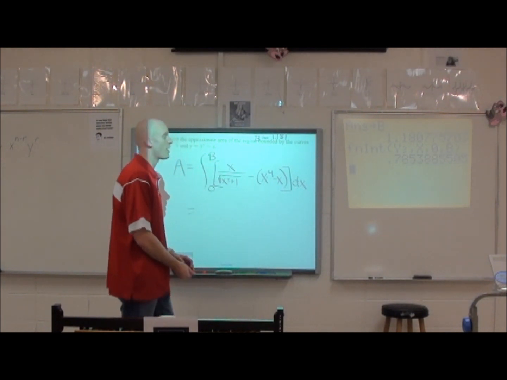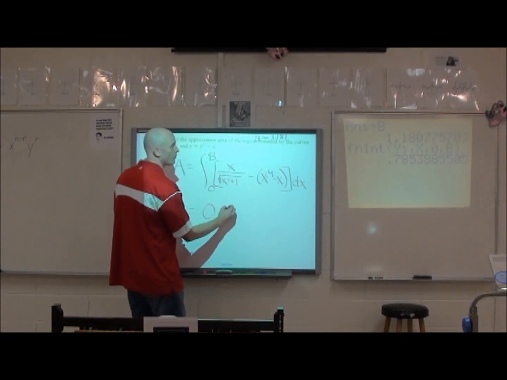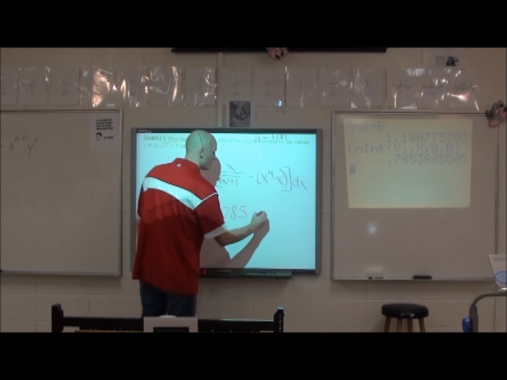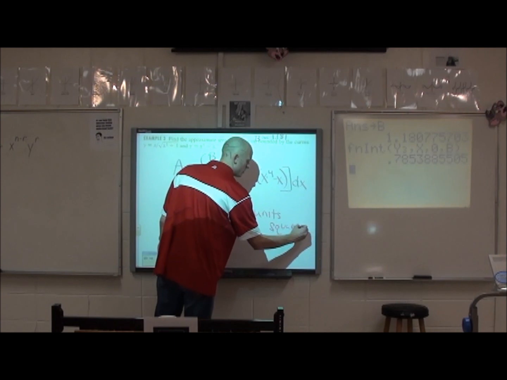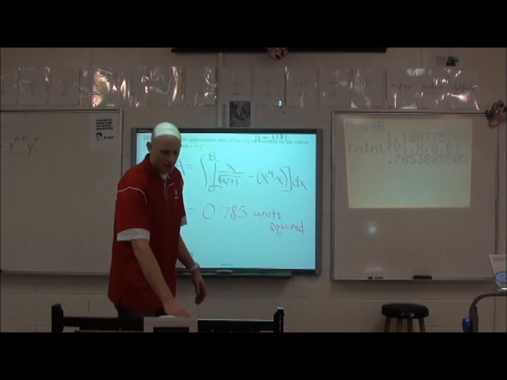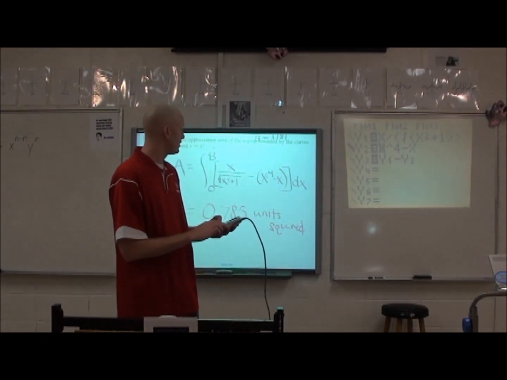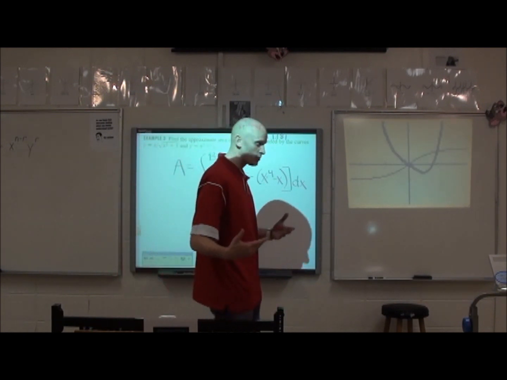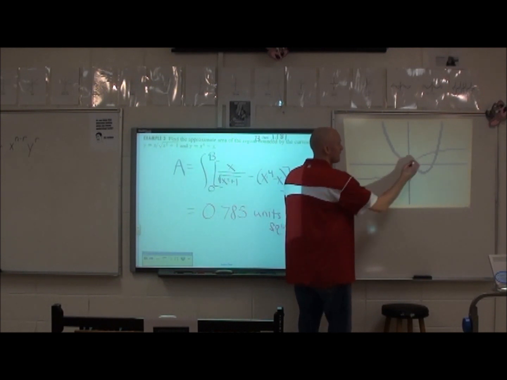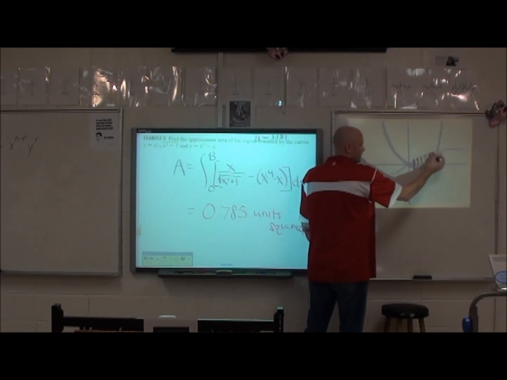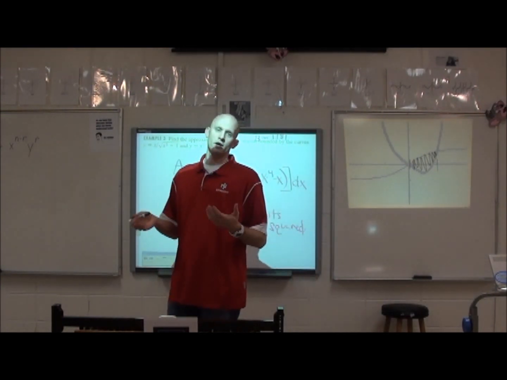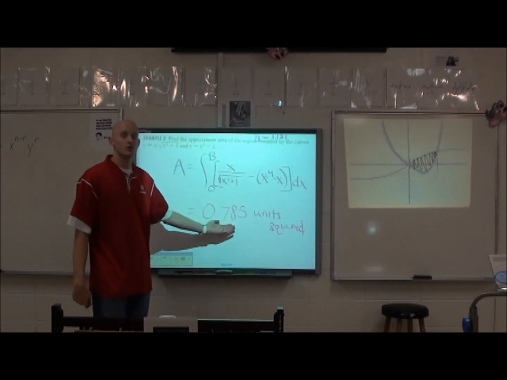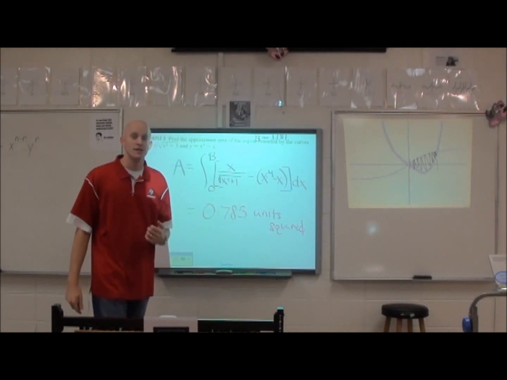And then when you hit enter, it will give you the decimal. And that decimal answer rounded to 3 decimal places is 0.785 units squared. So the area in between the two curves, this area here, is about 0.785 units squared.